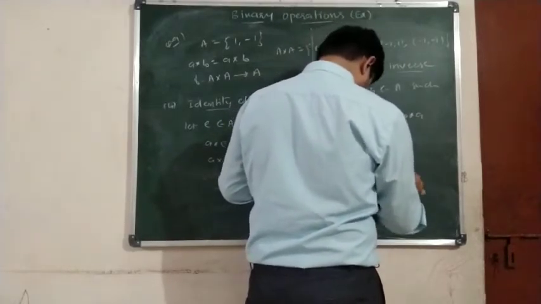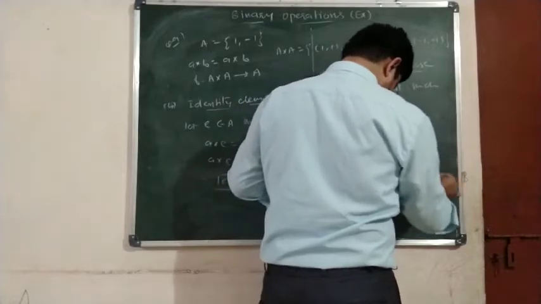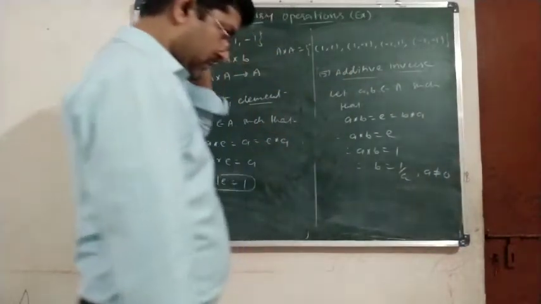Therefore, B is equal to 1 by A, where A is not equal to 0.